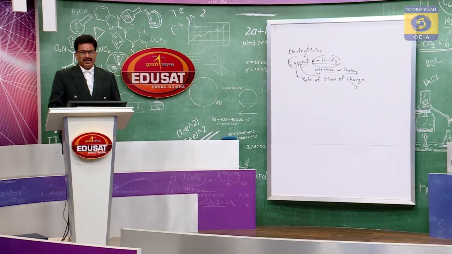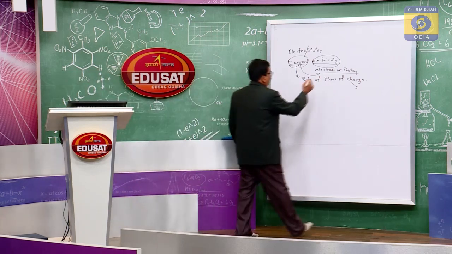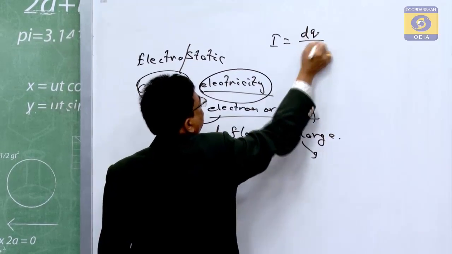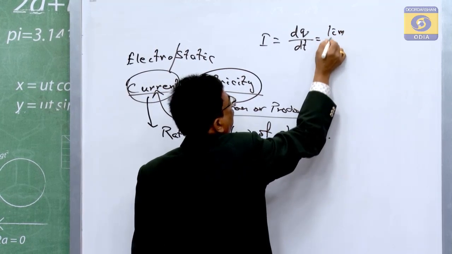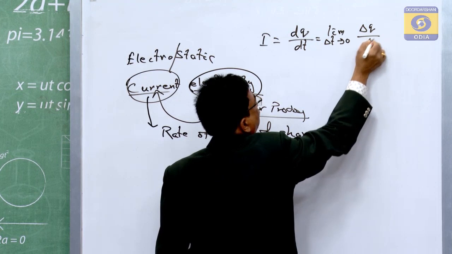This current is defined mathematically. Current is represented by I equals dq by dt, or equals the limit as delta t tends to 0 of delta q by delta t.